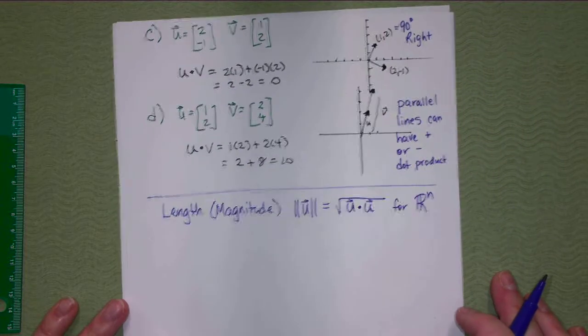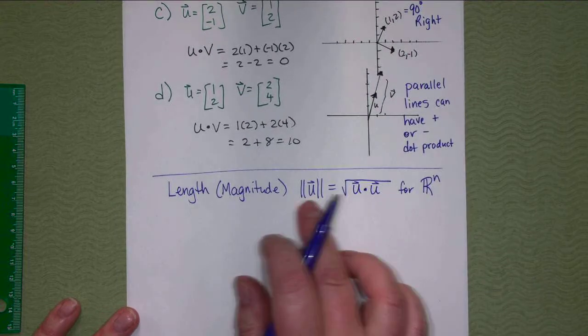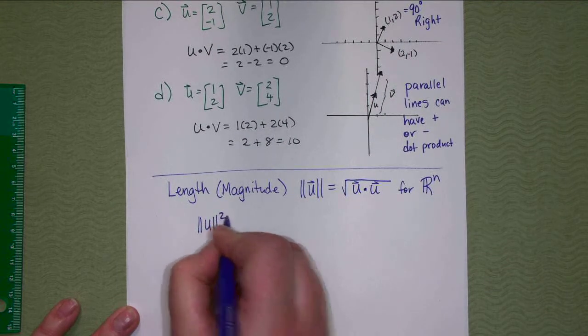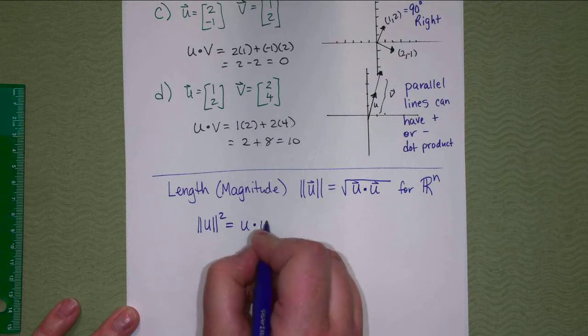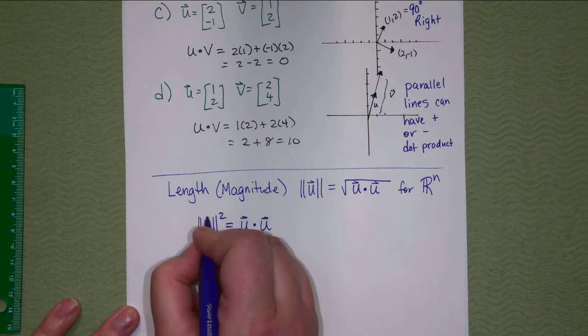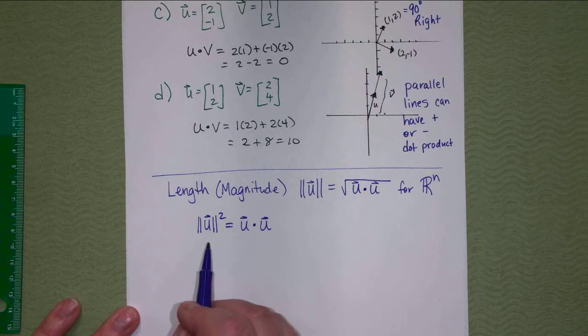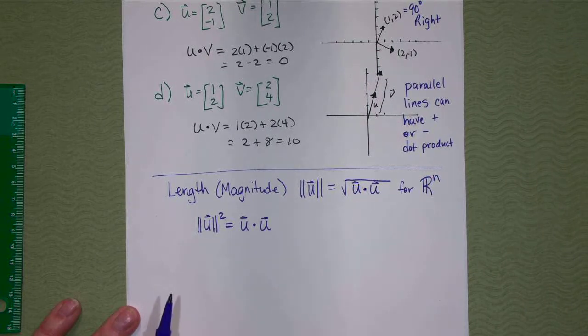Okay, so there's a formula we often see if we square both sides. The dot product of a vector with itself is equal to the length squared. And there are some homework questions where you need that fact to figure them out. Okay.